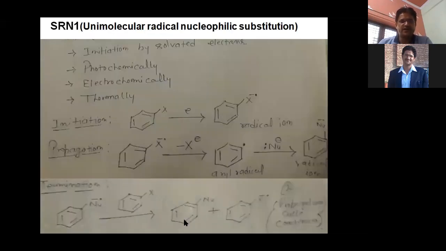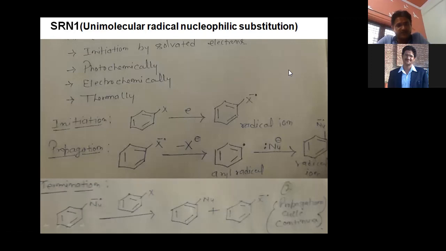Now the next point of discussion. This is a very important reaction, and this mechanism is also very important. Sometimes people ask questions related to this reaction: the unimolecular radical nucleophilic substitution reaction. This reaction follows a radical mechanism. First point is unimolecular, meaning first order reaction.